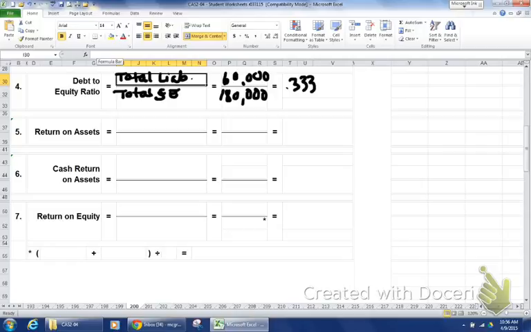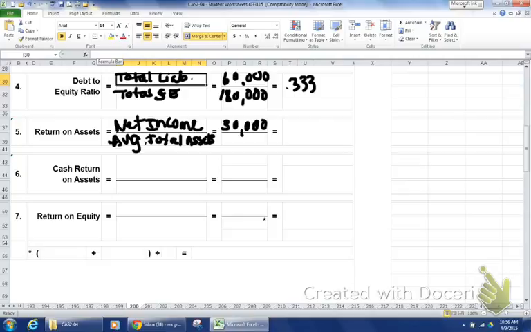So in this particular problem, we have net income as the numerator, and as the denominator, we have the average total assets, which we calculated previously, both of those two numbers. And so our numerator in this case is $30,000 and our denominator is $220,000.